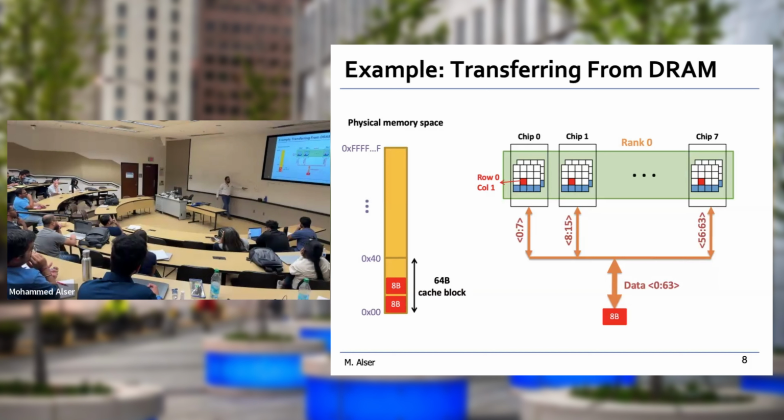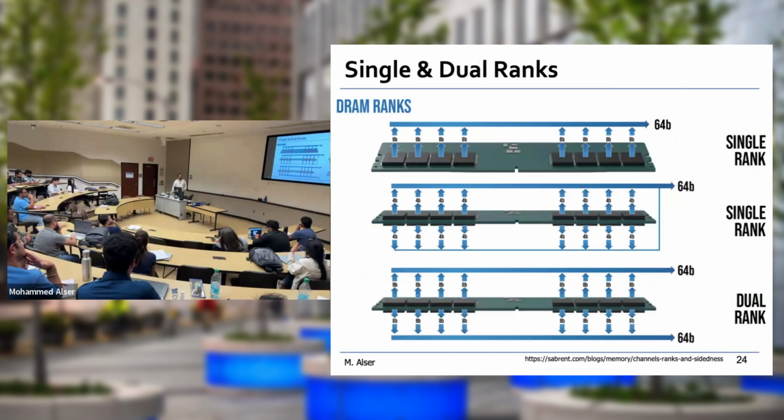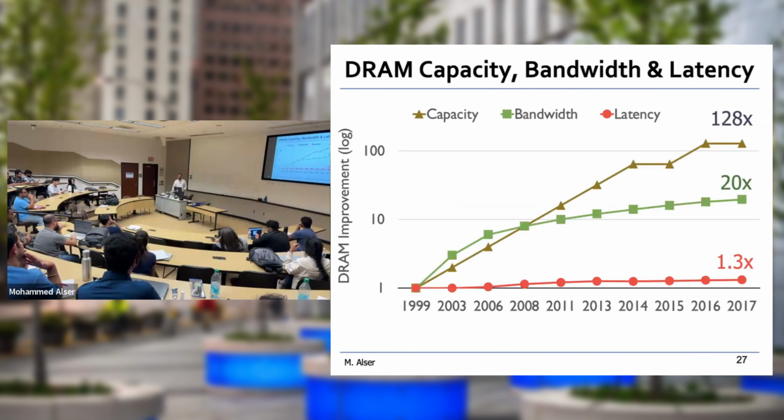You want to get that row and store it in a single chip, in a single bank row, like this entire row will be the first row, or you want to bring every 64 bits of that row and divide it equally over all chips, such that in a single clock cycle, you get the 64 bits all at the same time. We will see that in a few minutes. Okay. This is a really important question.